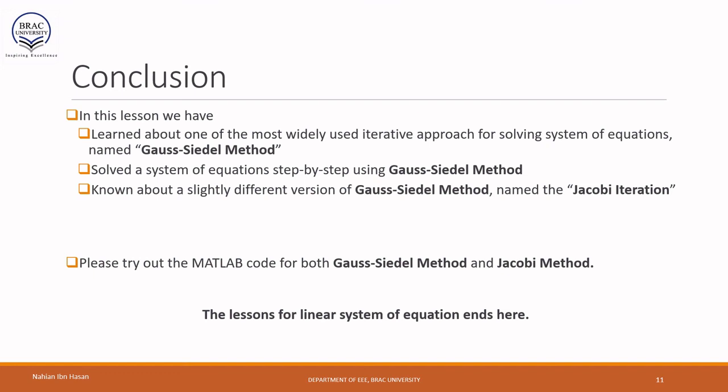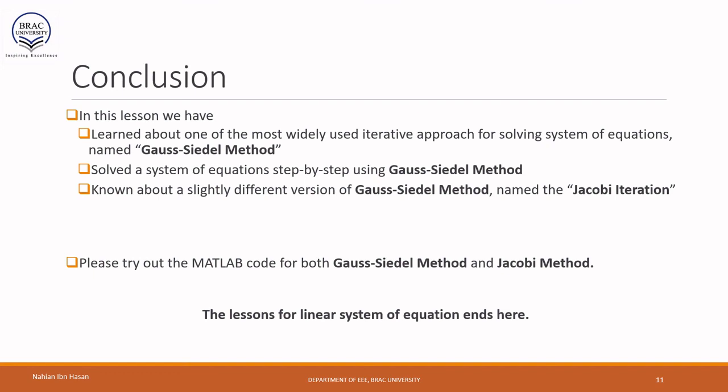So in this lesson we have seen the basics of Gauss-Seidel method and also the difference between the Gauss-Seidel and the Jacobi iterations. In the Jacobi iterations, we wait for an entire iteration to use the entire set of new approximated values, but in Gauss-Seidel method we no longer wait.